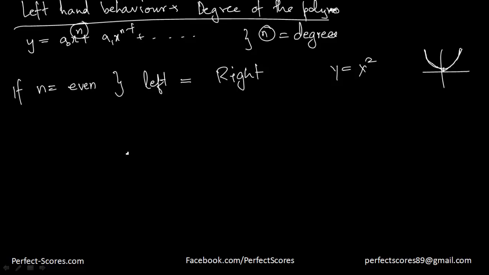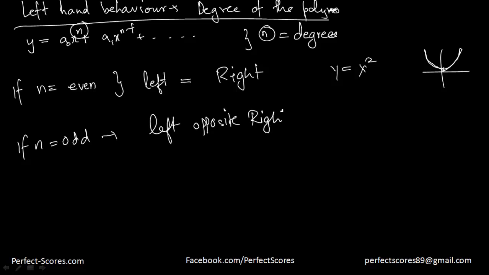And if n is odd, then the left hand side of the y-axis would be completely opposite to the right hand side. For example, y is equal to x cubed. As you can clearly see, the right hand side is completely opposite to the left hand side. So if n is even, the left and right hand sides are equal. If n is odd, they are opposite of each other.